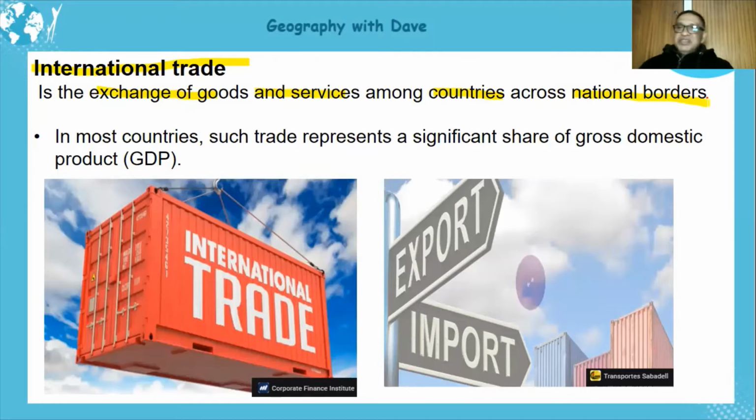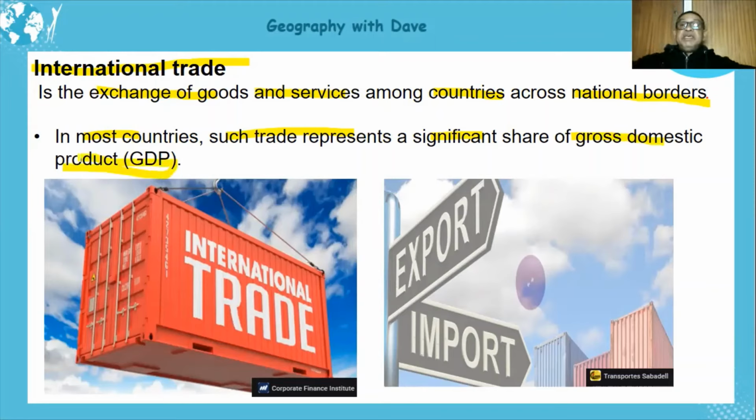If you make $1 million and convert it, I don't know what the currency is at the moment, between 14 to 15 rand to a dollar, so each time you're bringing in $1 million, you're bringing in 14 to 15 million rand, which is a lot of money into the country. Such trade represents a significant share of the gross domestic product.